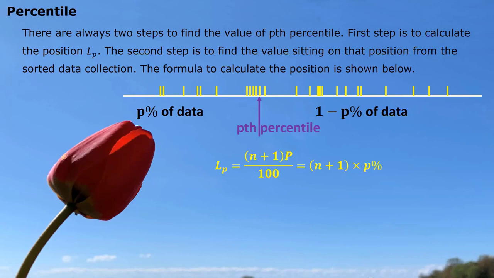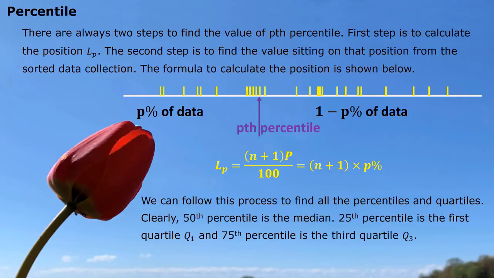LP represents the location of the pth percentile. So we use n plus 1 multiplied by p%. N is the sample size, which is the total number of data in this data collection.